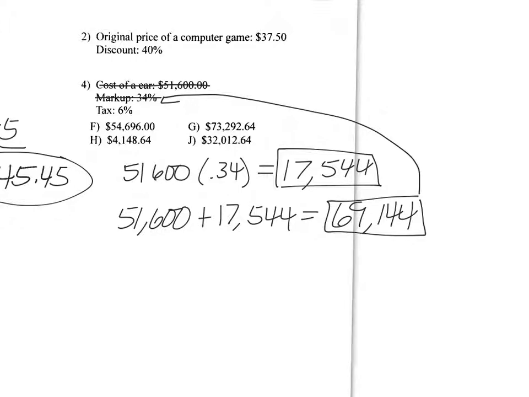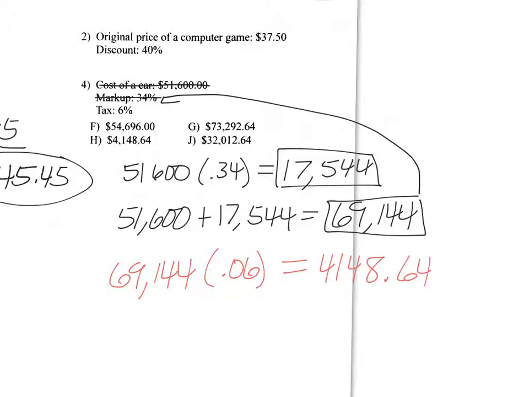So now I'm taking 69,144, multiply it times 0.06, the tax. If I do that, I get $4,148.64. That is the tax. Now I add it back to this number, okay, because now I'm done with the cost of the car.